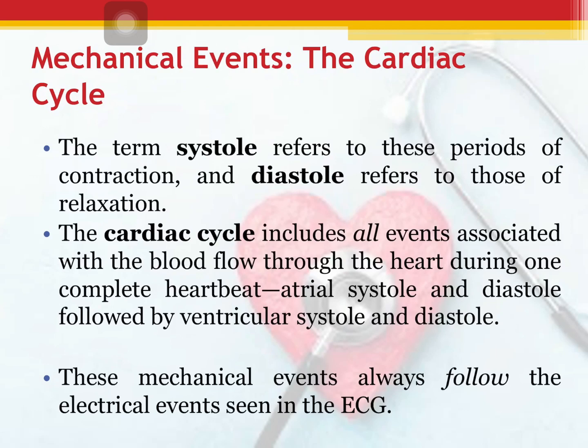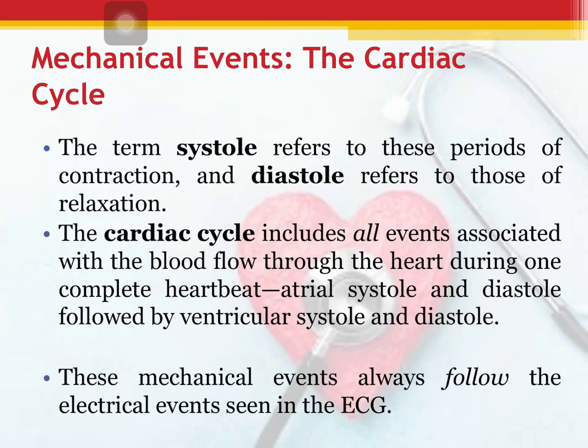So let's go now to the mechanical events, which is the cardiac cycle. The heart undergoes some dramatic moments as it alternately contracts, forcing blood out of its chambers, and then relaxes, allowing its chambers to refill with blood. The term systole refers to these periods of contraction, and diastole refers to those of relaxation.